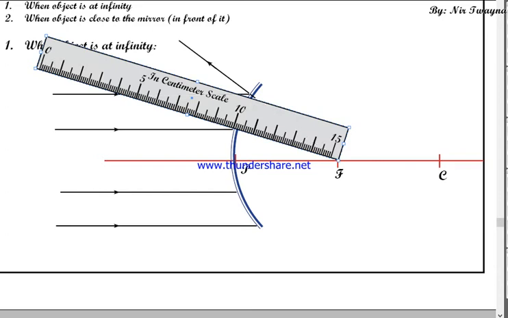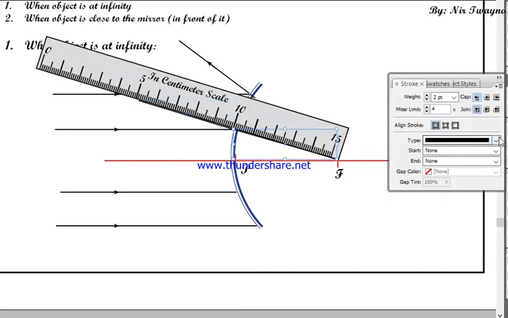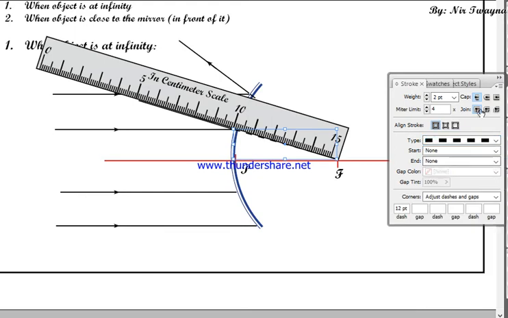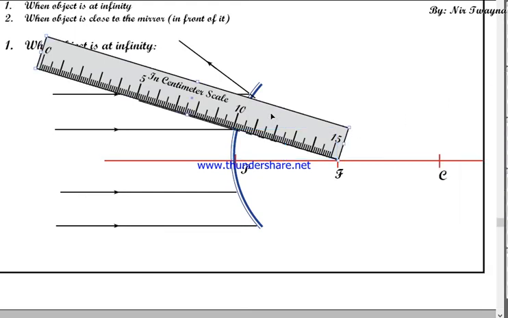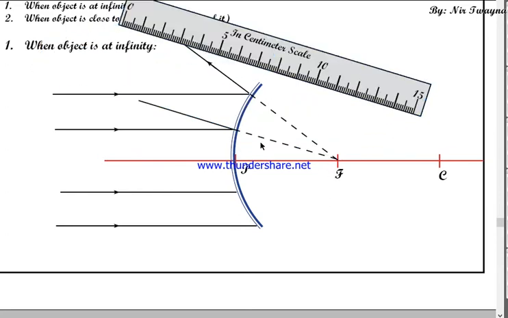In that way, from focus to the point of incidence, the light ray will be dotted or dashed, and after that the light ray will be solid.